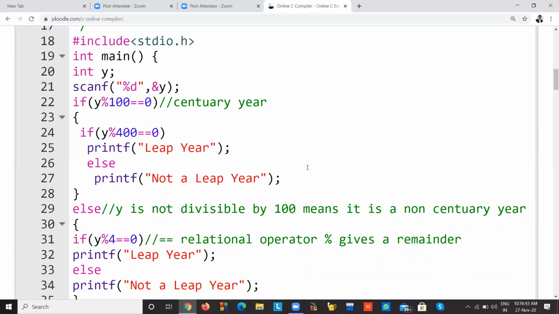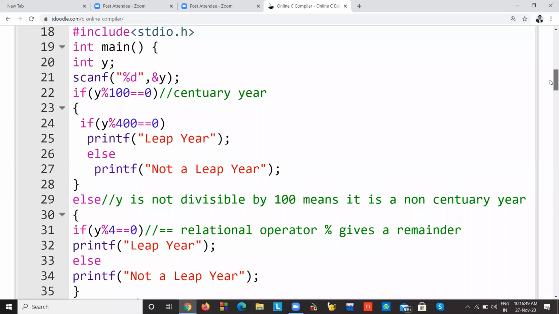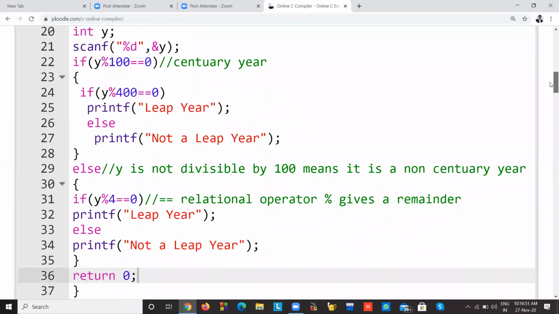So what is the time complexity of this? Before going to that time complexity, be clear here. If you have any doubts, please raise your hand. Otherwise, just type yes. If you don't have any doubts, please type no. Everyone should respond in the chat box.